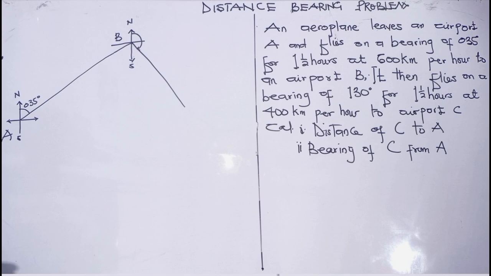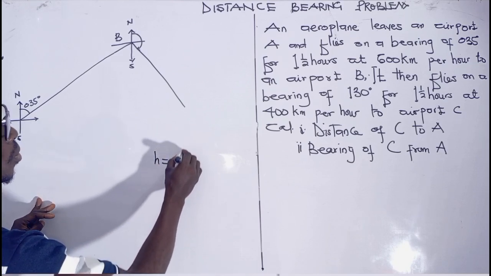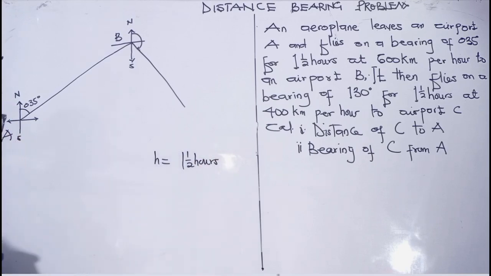and then we draw our distance to airport C. Within the question, we don't know the distance that the plane flew from airport A to airport B. What we know is the hours that he flew, so he flew for 1.5 hours, and then the speed that he flew with.